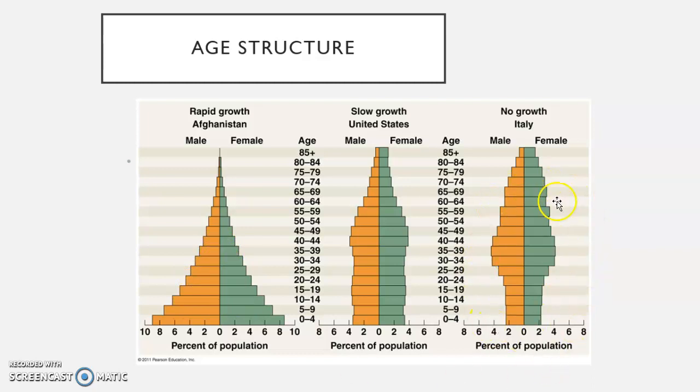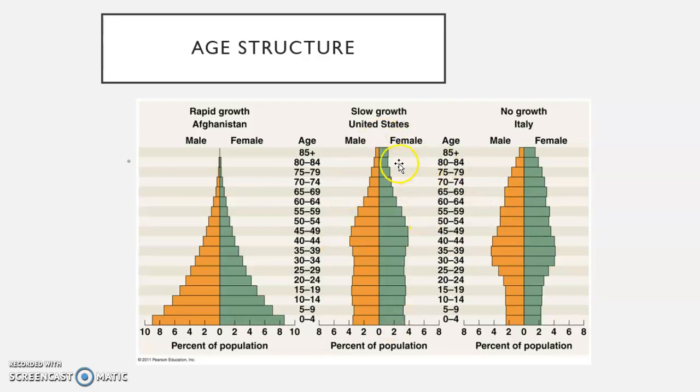You also can have no growth. Italy, Japan, Russia are like this. A lot of the older European countries have small numbers of children because many families are deciding not to have children. And so you have a young population that is reaching their reproductive age, and it's heavy on the older population.